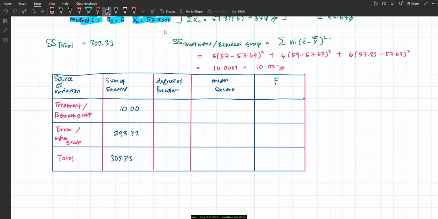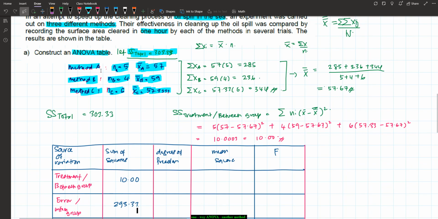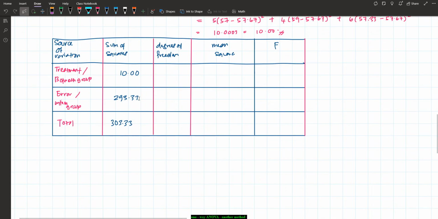Right, so for the degree of freedom for sum of square total, we look at the sample size. We have basically 15, capital N equal to 15, right? So the degree of freedom here is N minus 1, which equals 14.